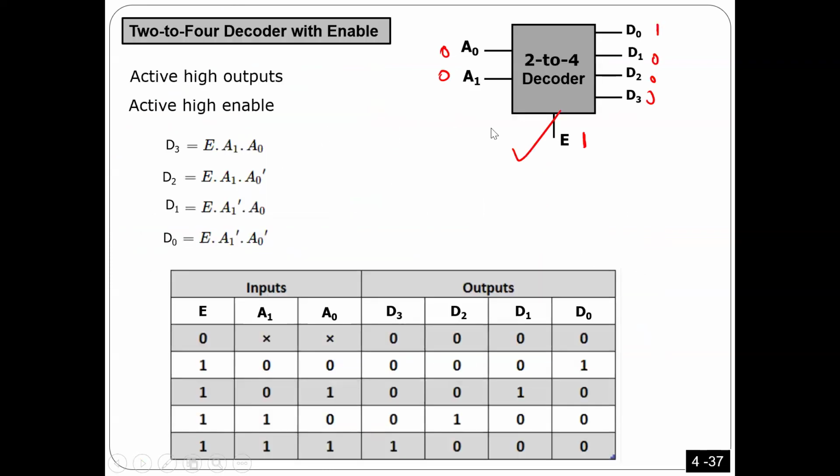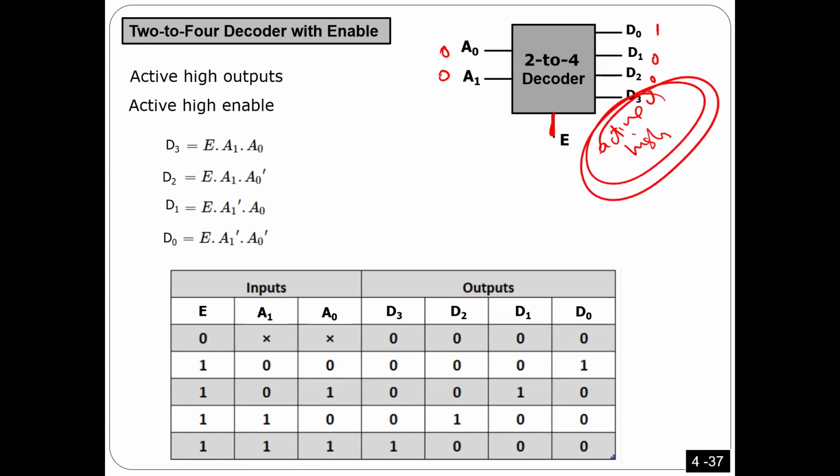Also, I told you every time, in general, not only in decoders but in any logic circuit, when you see the enable this way, it means it's active high. You need to be familiar with these symbols. Active high means if you want to enable, you have to put 1. If you want to disable, you put 0.